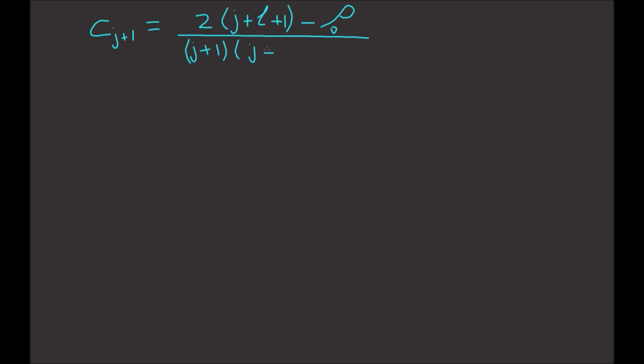When we do this, we get c sub j plus 1 equals 2 times j plus L plus 1 minus rho naught, divided by j plus 1 times j plus 2 L plus 2, times c sub j.